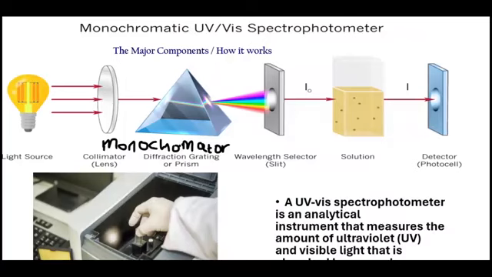The major components are a light source, a monochromator, a sample compartment, a detector, and a recorder.